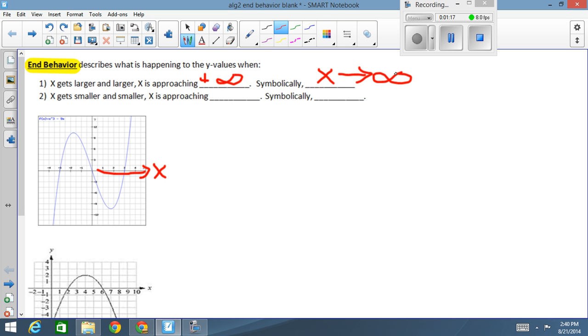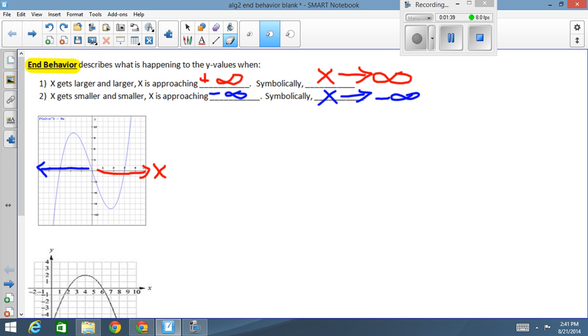We're also going to look at x as it gets smaller and smaller going this direction, and in that case it's approaching negative infinity. Symbolically, we call that x approaching negative infinity. That's how we say that. Okay? So here's how we determine what's actually going on in those two situations.